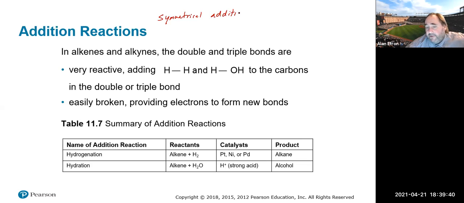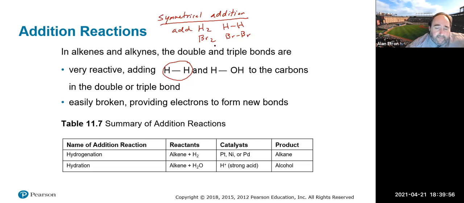What does a symmetrical addition mean? Well, it means like we add H2. That's basically adding 2 of the same things. Maybe we add Br2, which is 2 Brs, 2 of the same things. Maybe we add Cl2, which is 2 of the same things.